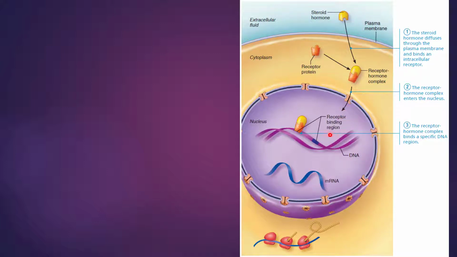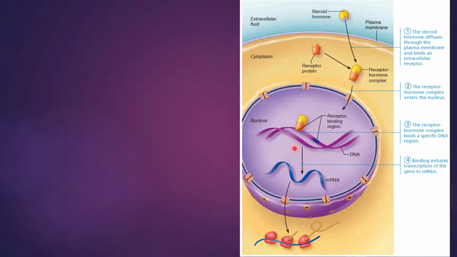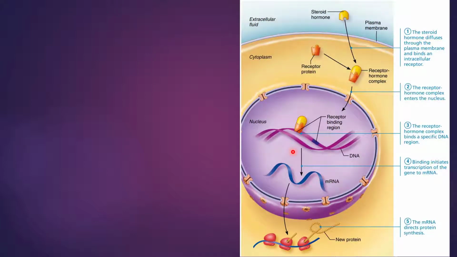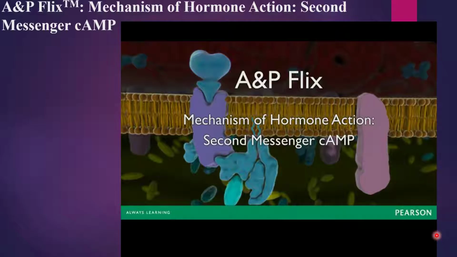As it enters the nucleus, immediately the receptor-hormone complex binds to a specific DNA region, and the binding would initiate the transcription of the gene into the mature mRNA, and the messenger RNA now will be directing protein synthesis.